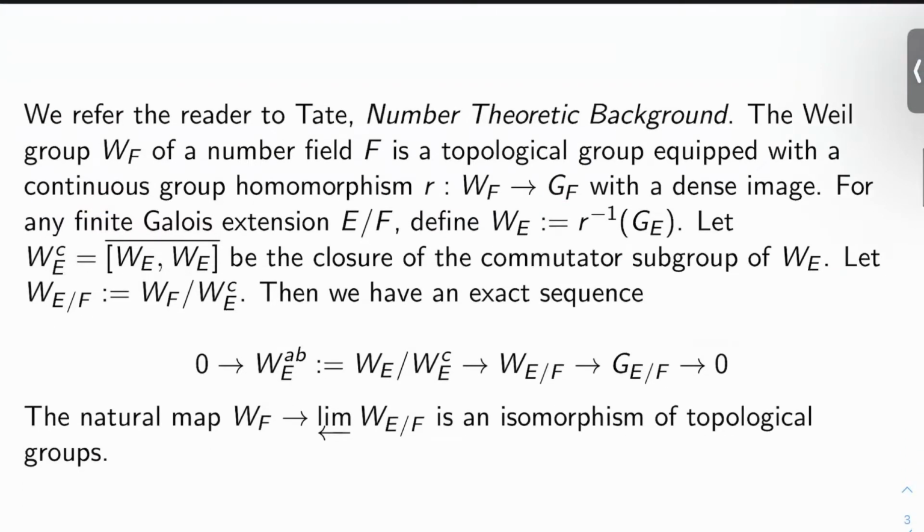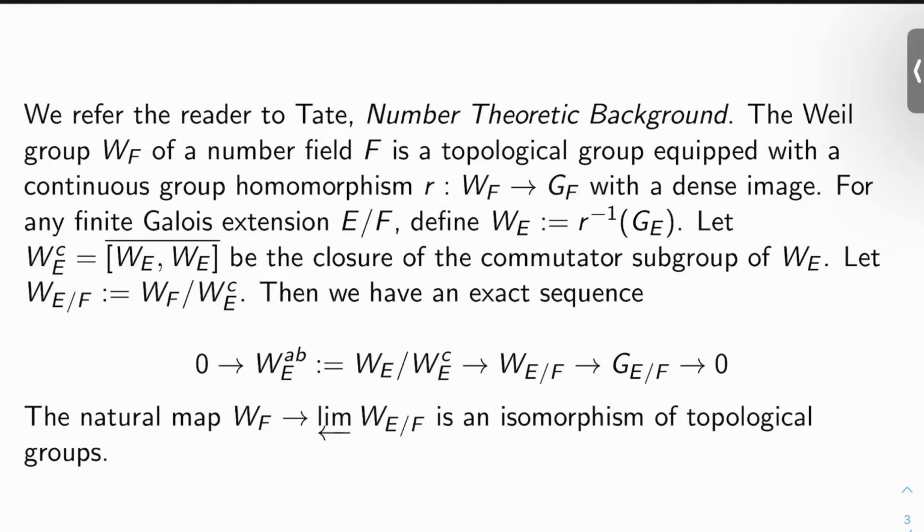If I give you a finite Galois extension E over F, I'll just define the Weil group of E to be r inverse of the Galois group of E. And then I'll define W_E^c to be the closure of the commutator subgroup of W_E. And I'll let W_{E/F} be W_F mod W_E^c.